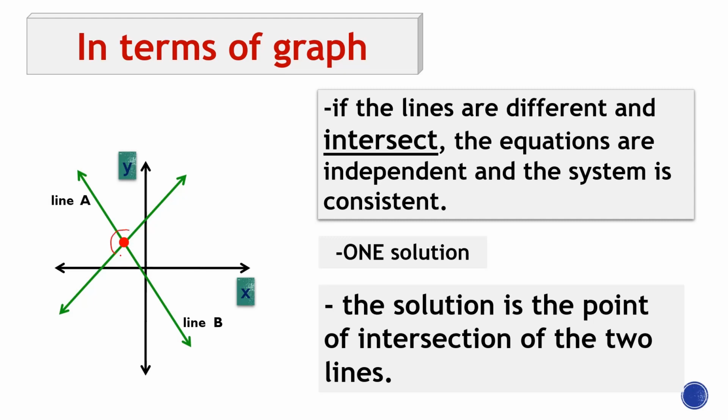Remember, that's a point in the Cartesian plane, so there's an x and y there. The keyword is intersect. There will be one unique solution. The system is independent and consistent.